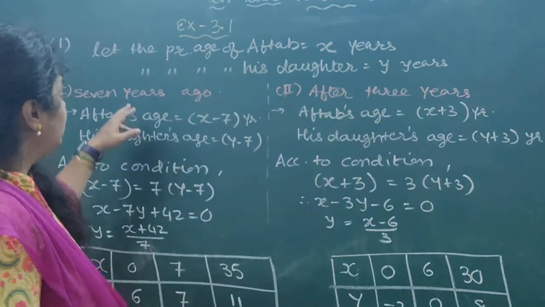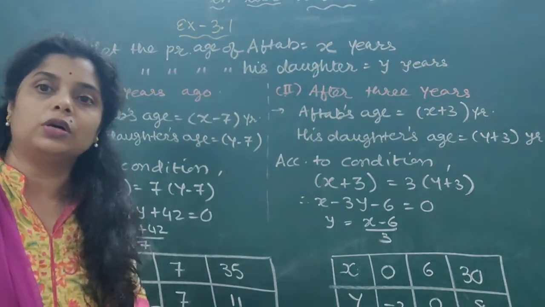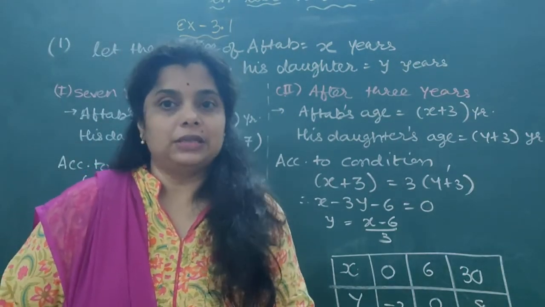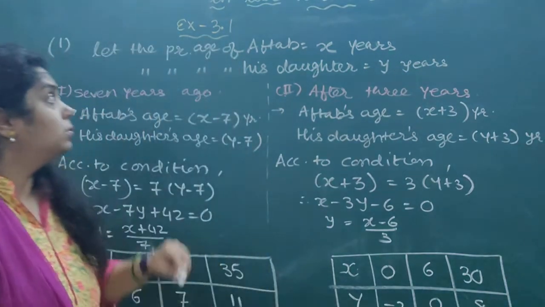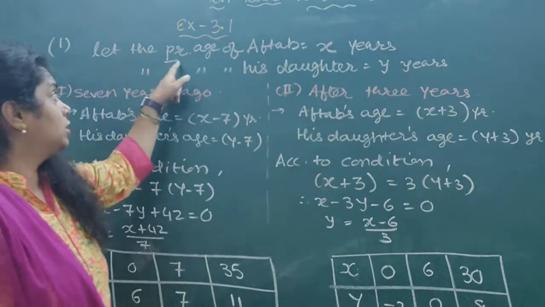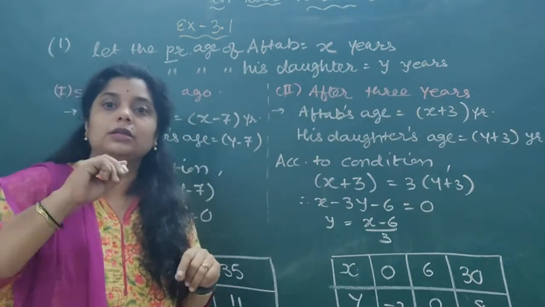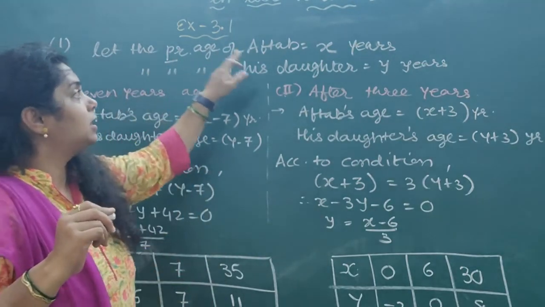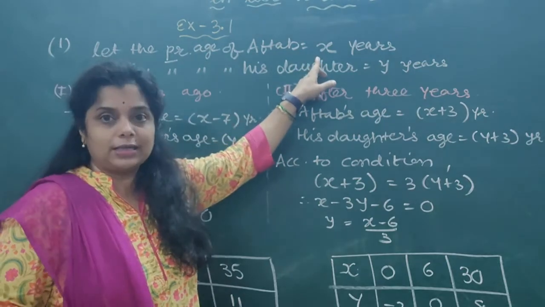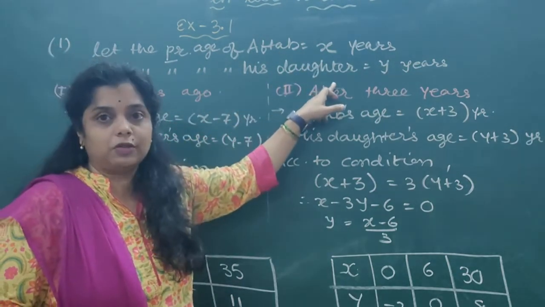Okay, so let's see. First of all, in this type of sum, we have to assume the present age. So you must write down the present. I have used abbreviation here, don't use abbreviation in the exam. Write present. The present age of Aftab is equal to x years, and the present age of his daughter is y years.